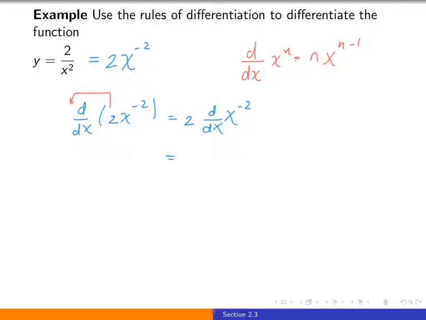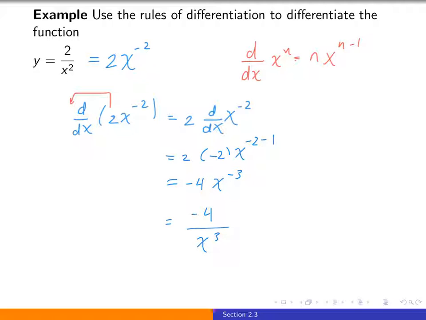And the power rule tells us when we differentiate that, the minus 2 comes down front, and the new power of x is 1 less than it previously was. 2 times minus 2 is minus 4, and then that's x to the minus 3. And a slightly more simplified way of writing that will be minus 4 over x cubed.